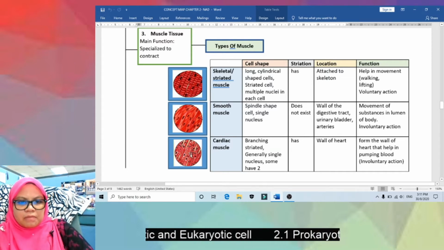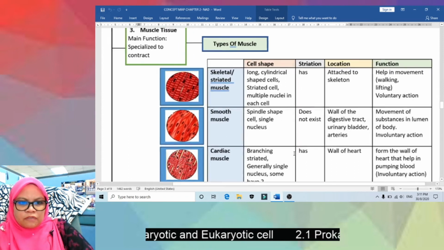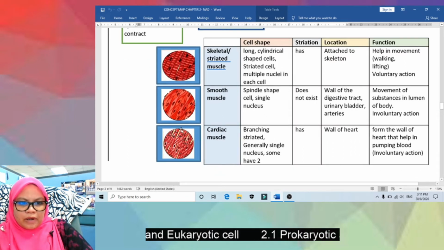For cardiac muscle, okay, it looks like skeletal muscle, but if you see more carefully, cardiac muscle has branches. Okay, not for skeletal striated muscle. For cardiac muscle, the structure has branches.